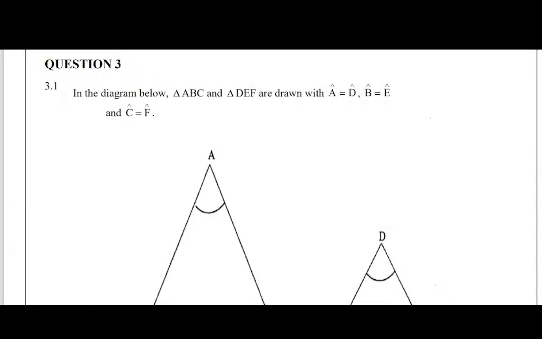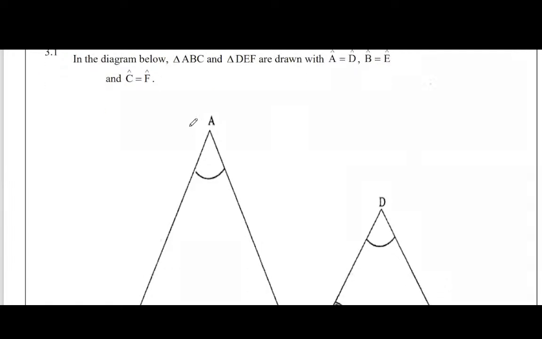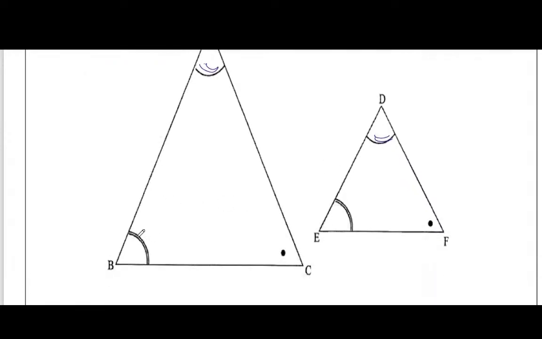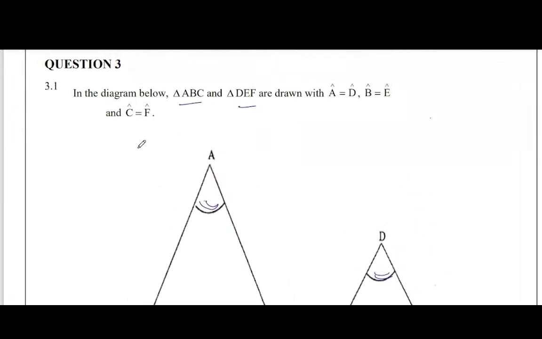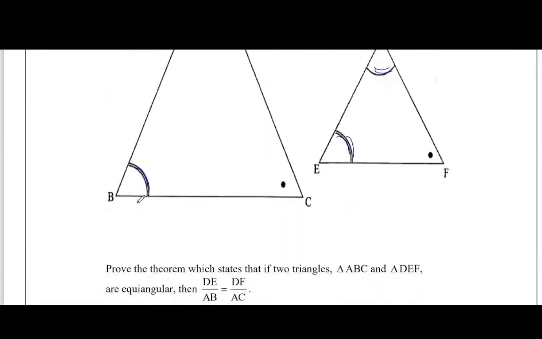So they're telling us that in the diagram below, triangle ABC and triangle DEF are drawn with angle A being the same as angle D. And then angle B is the same as E. This angle is the same as this, okay? And then they're telling us that angle C is the same as F, just as indicated.